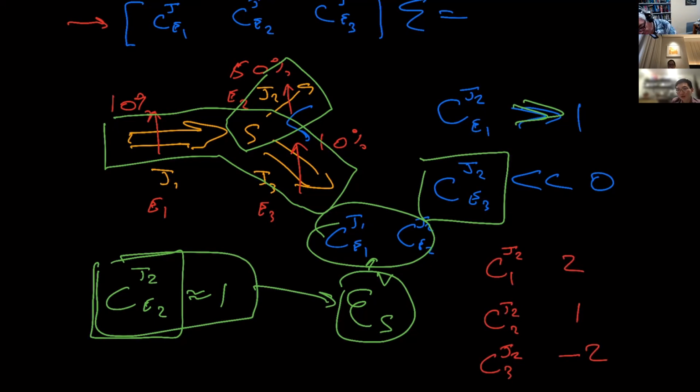If I had just E1, CJE1 is 1. Because I've only got 1 step here, the summation has to add up to 1.